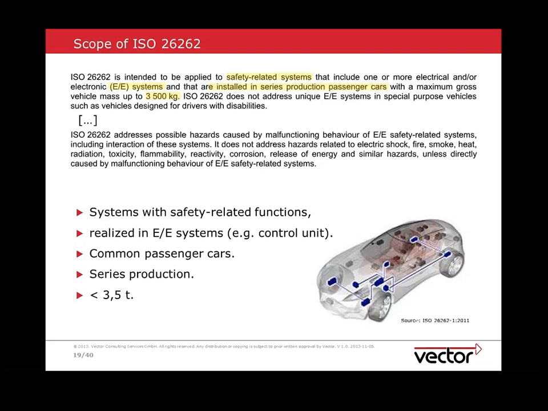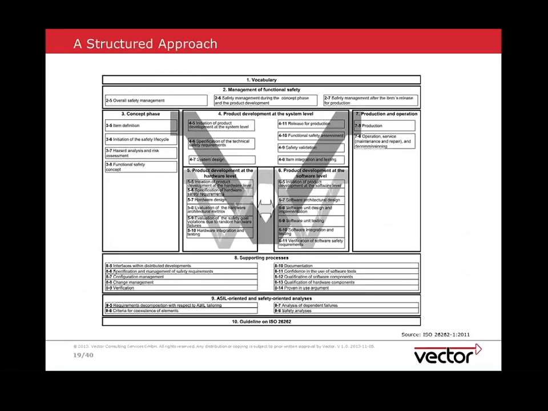On one side, if I'm a Tier 1 supplier, I don't want to have too many similar standard variations, so I look to the one which is the strongest, and that's definitely today the 26262. On the other side, we also see, for instance, in the truck or agriculture domain, that even OEMs look increasingly to 26262 because there's the broadest experience and body of knowledge about how to best implement it, and how to use the necessary support tools in order to implement that standard adequately.